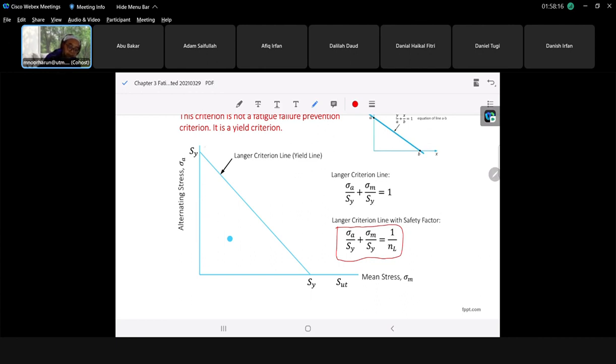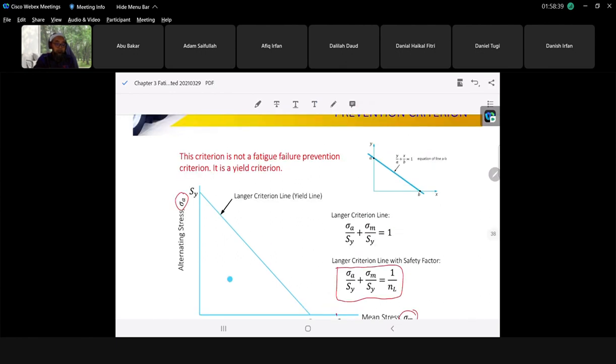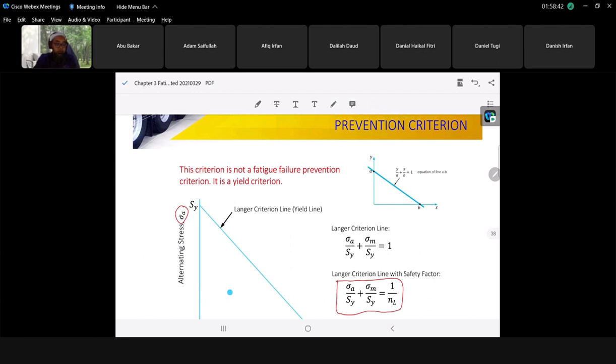This is yield strength, this is ultimate, this is alternating, this is mean. Actually, Langer is developed from the yield strength.